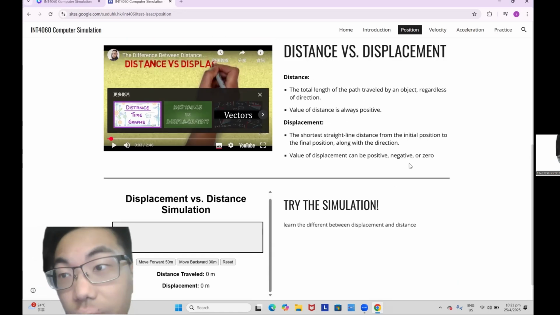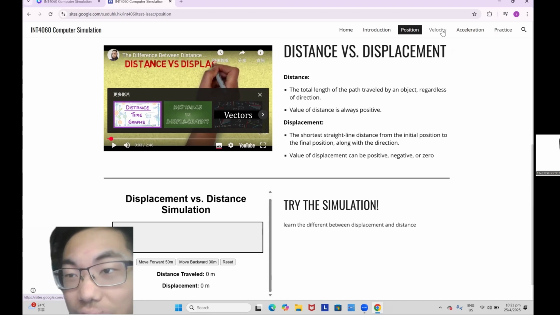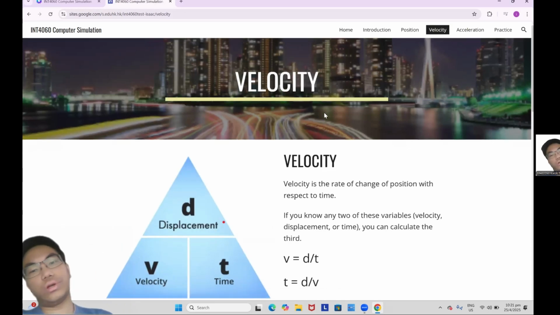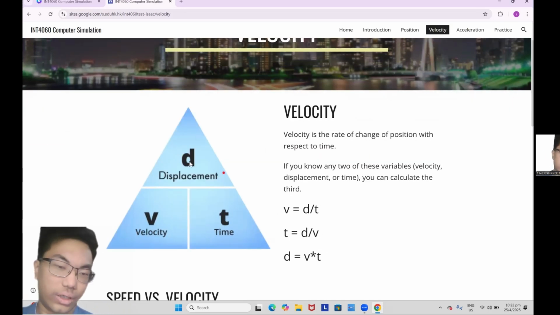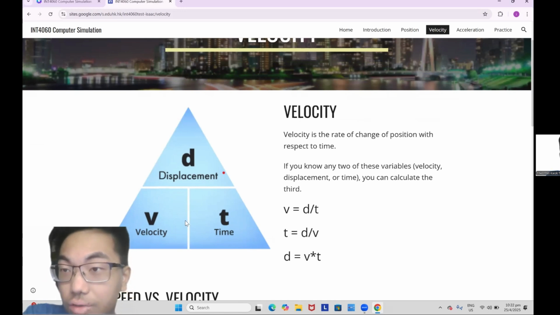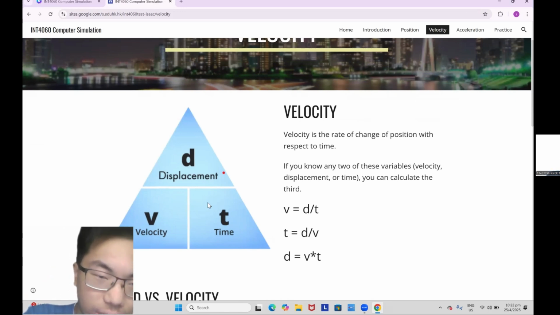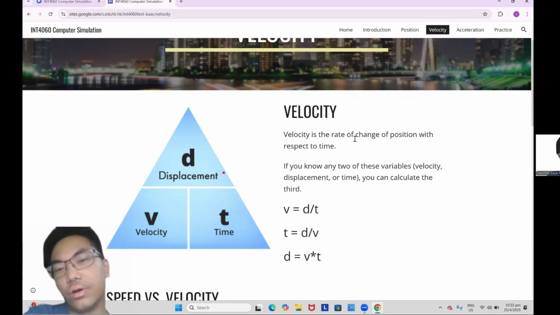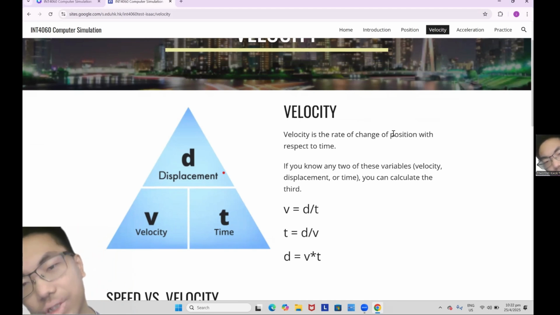So let's move on to the velocity web page. For the velocity, there is the figure to describe the relationship of the velocity, displacements, and the time. Velocity is the rate of change of the position with respect to time.